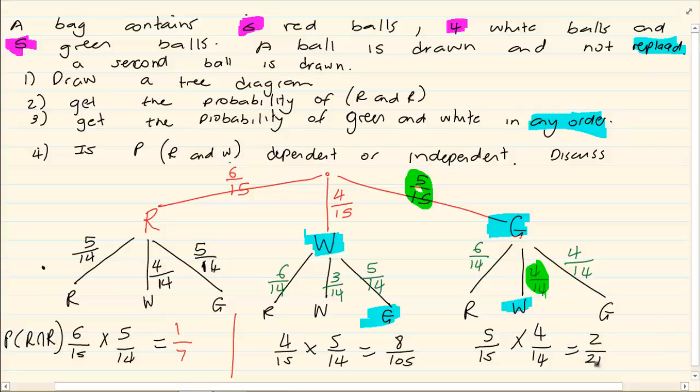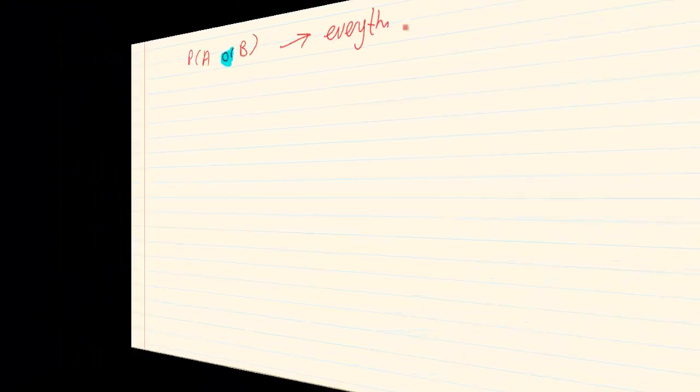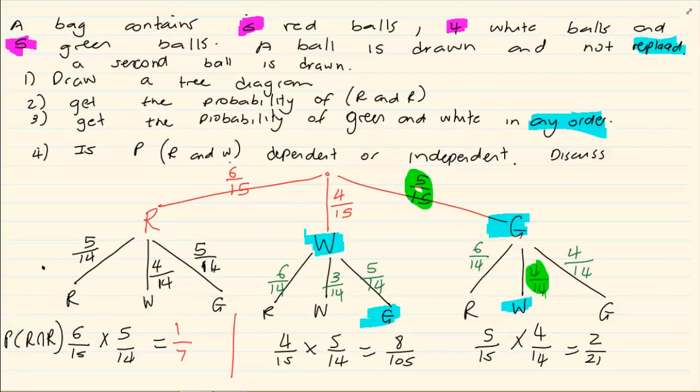Now because they say any order, the concept of any works with or. If you remembered from your grade 10 work, I had mentioned that or means take everything. Now when they tell us that it can be in any order, that means it's an or. I can take white and green, or I can take green and white.